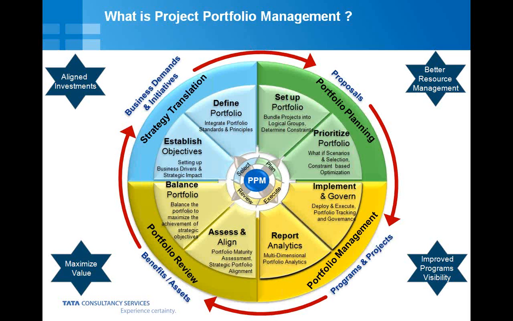After going through all that filtering criteria, the projects are created. If the initiative is big enough, it is defined as a program, and the program may be further divided into projects. This is how the projects and programs are governed within portfolio management.